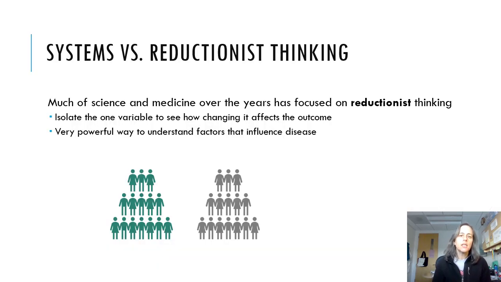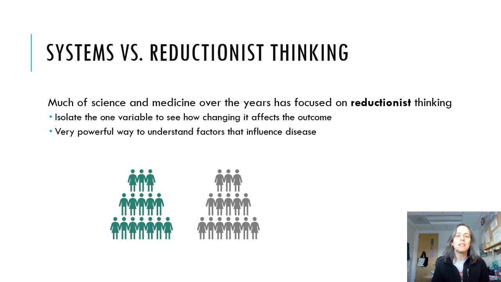So systems thinking is often positioned as opposed to reductionist thinking. Now, reductionist thinking, otherwise known as the scientific method in many ways, has been a huge pinnacle of achievement in human civilization and has made extraordinary positive impacts on our well-being and our health.